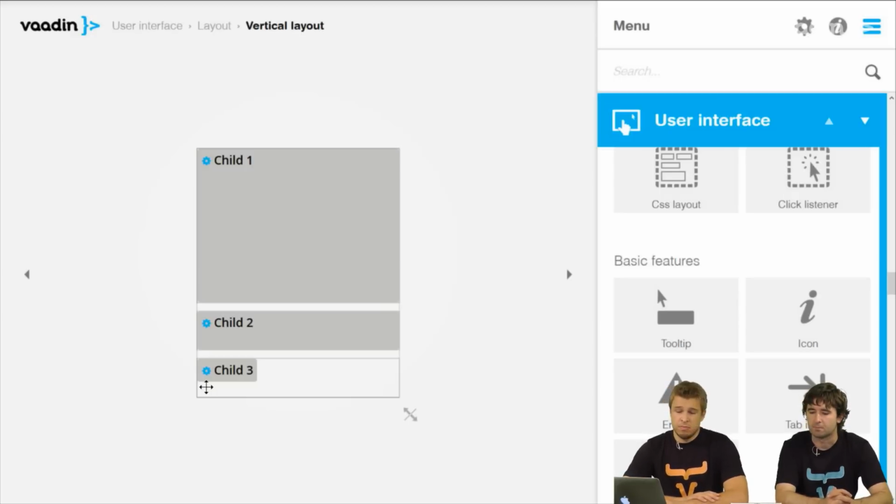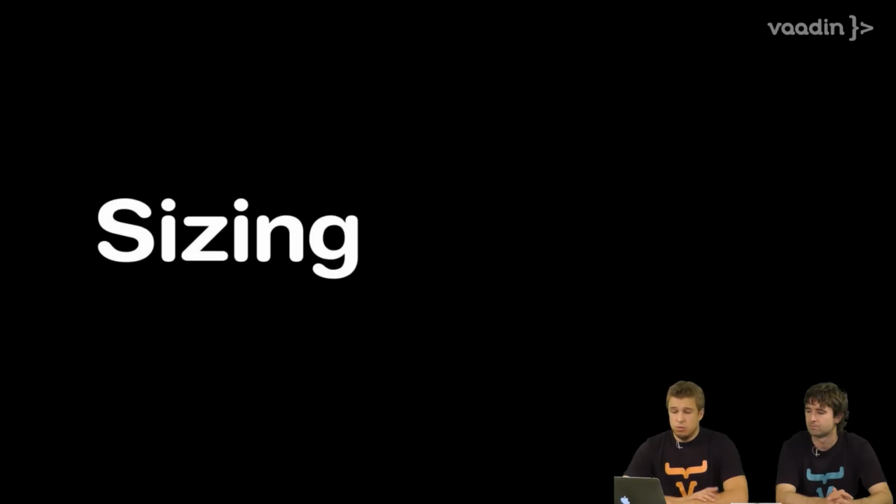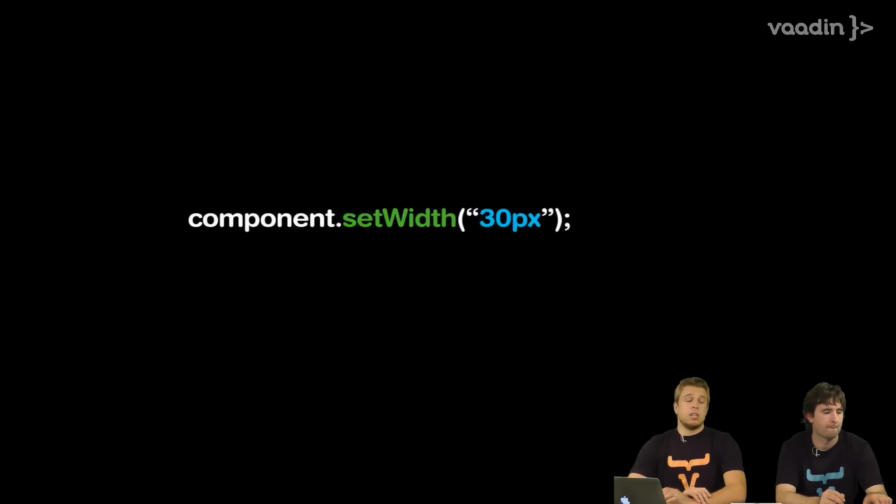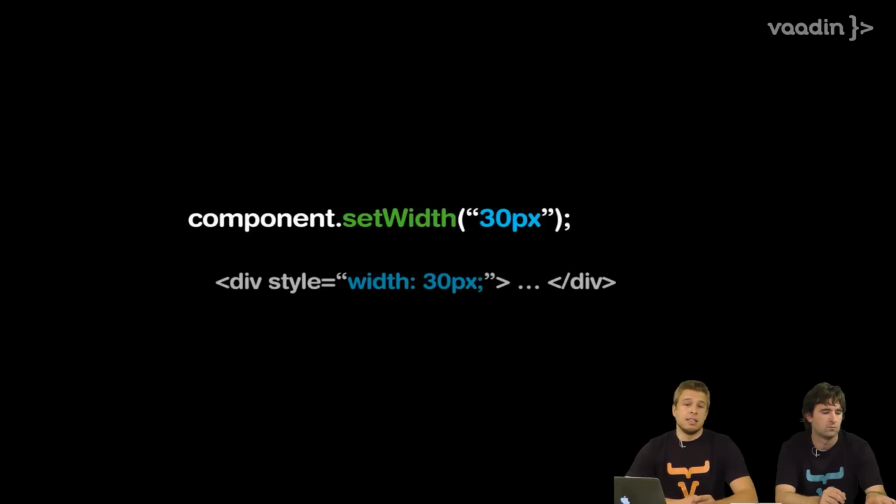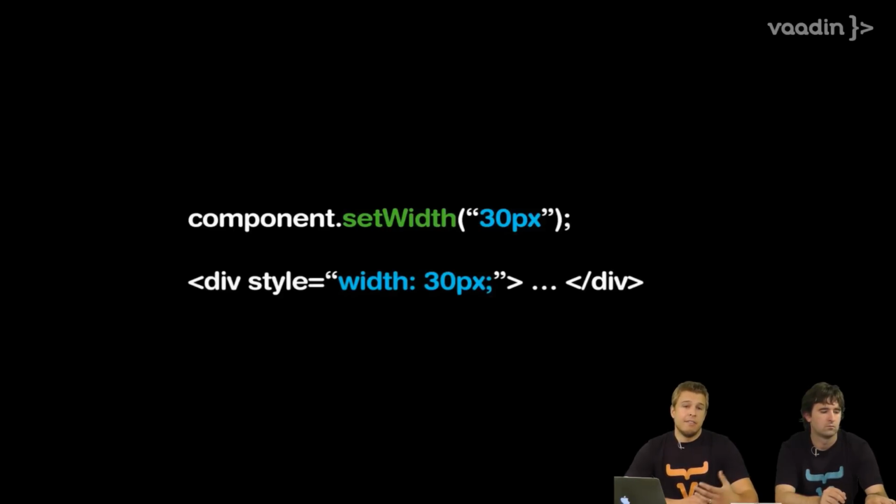Yeah, all right. Okay, well, moving on to the actual sizing of components and layouts in general. So as you already saw, the full size can be defined with the setSizeFull method call, but you can also specify the width and height of the components with pixel values. So you can, in this example, give the component width to be 30 pixels, and that would result in the HTML div element having an inline width of 30 pixels.